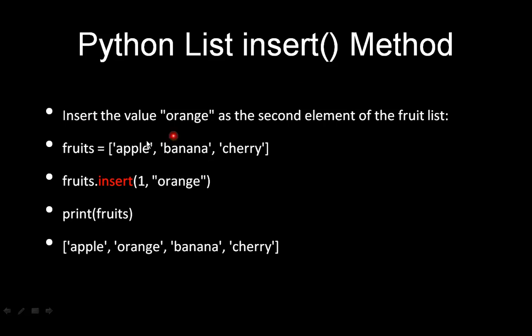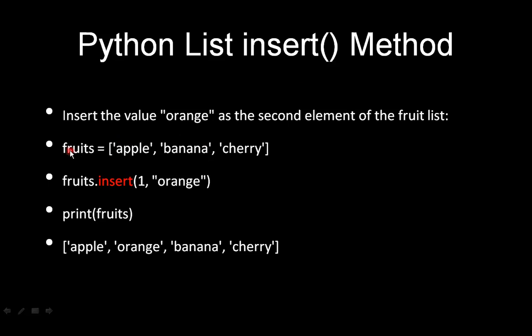The question that arises here is, can we insert an element at a specified position, at a specified location? Yes, we can do that. We can insert the value at the specified position. How can we do that?